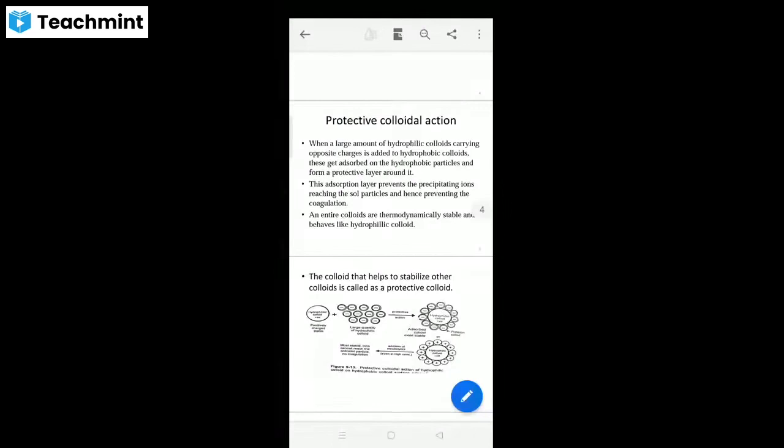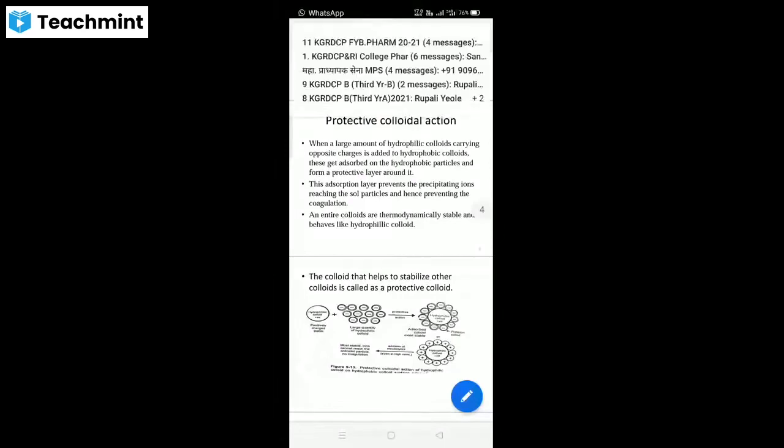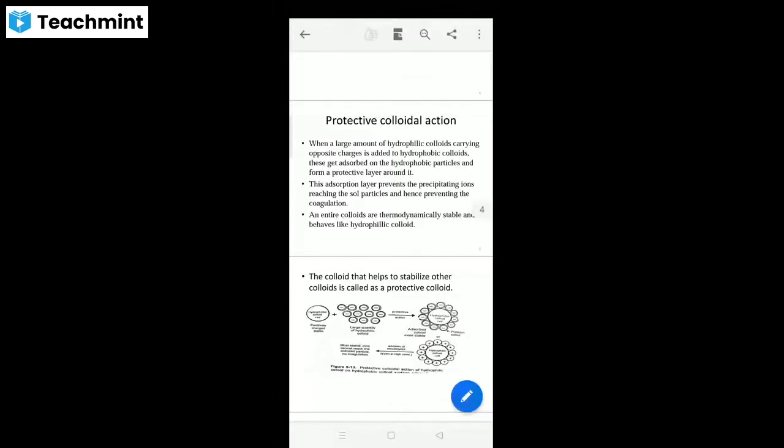Yes, negatively charged hydrophilic particle. Easy one. As earlier in the beginning lecture only, we have discussed that hydrophilic colloidal particles mostly don't have charge, but some of them may have charges on them. So to make the hydrophobic colloidal dispersion stable, we need to add a negatively charged hydrophilic colloidal dispersion.